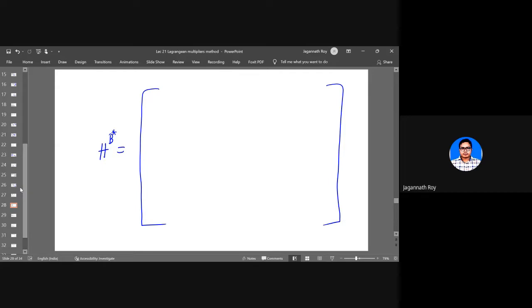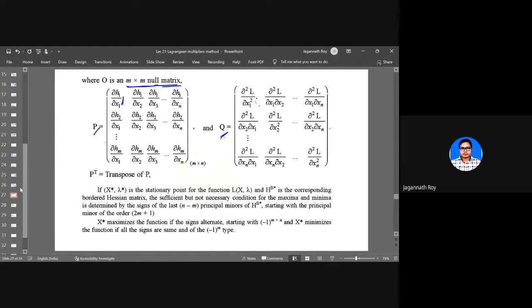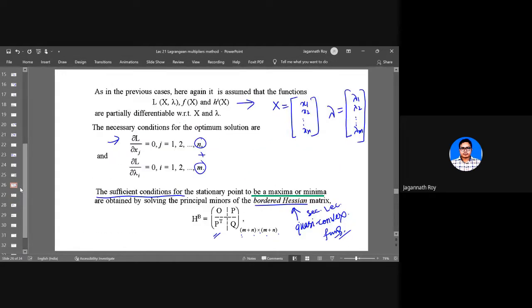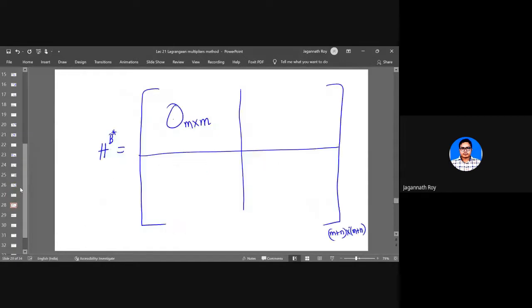In fact, it is a block matrix. So for the block matrix, this is the 0 matrix, m by m, and then this would be actually m plus n by m plus n. So there would be another block, n by m, P transpose.